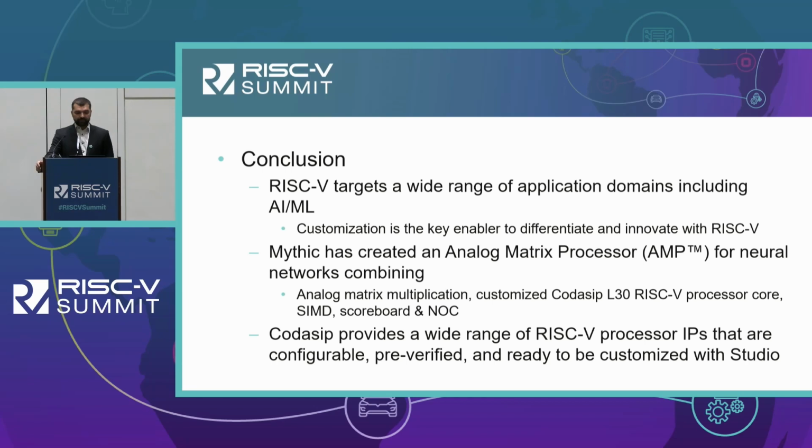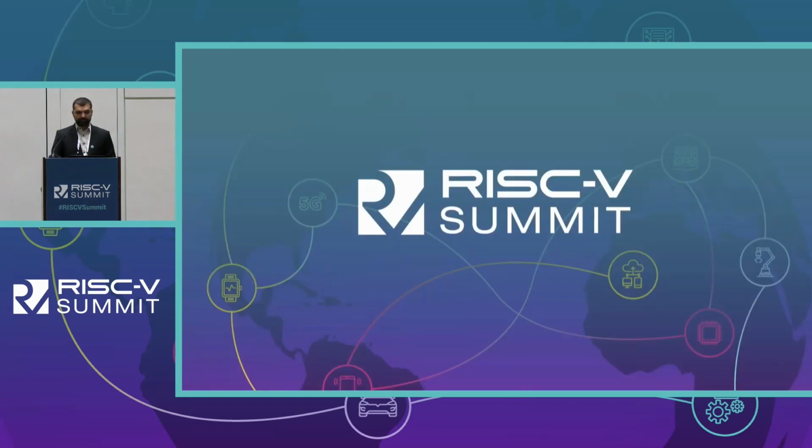Then, in the case of Mythic, they created a nice use case for such a RISC-V core using their analog matrix processor that combines the analog part and the digital part using our core plus SIMD, on-chip memories and so on. And this was a natural kind of blend, because we do have something that Mythic could start from. We just added the additional layer, innovated a bit, and then we have a final solution in a fraction of the time. That's all.